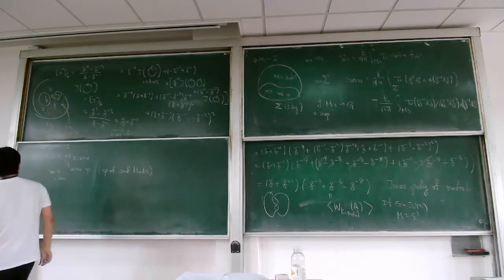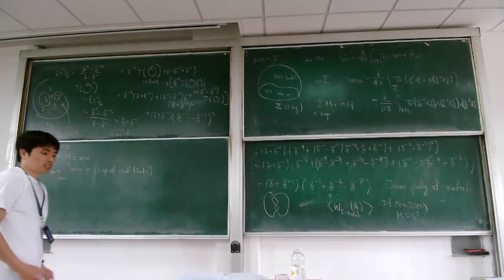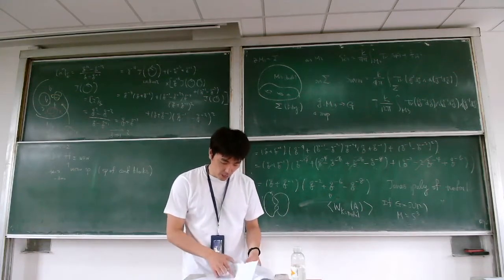So the nice thing is that even though it's a path integral, it becomes an element of a finite dimensional vector space. And then, for instance, this scaling relation can be obtained in the following way.